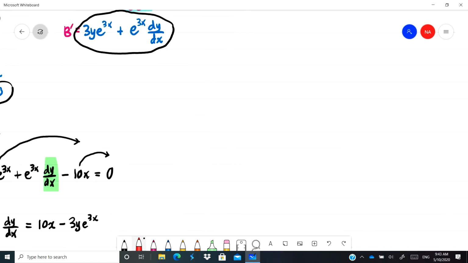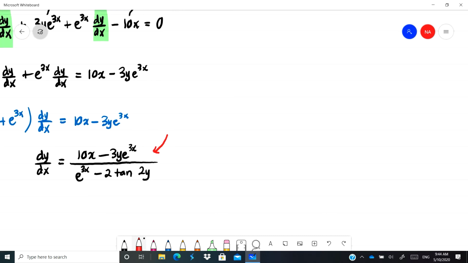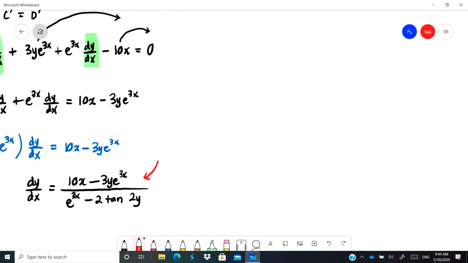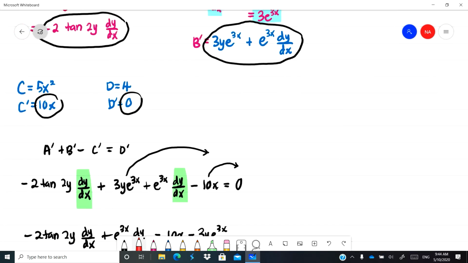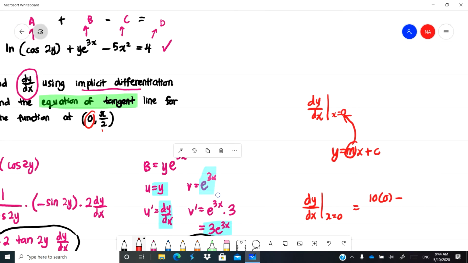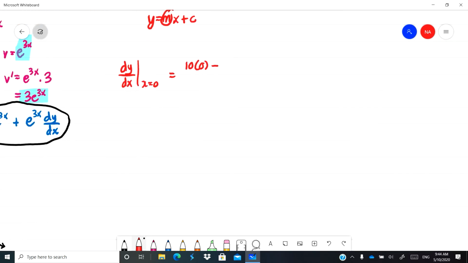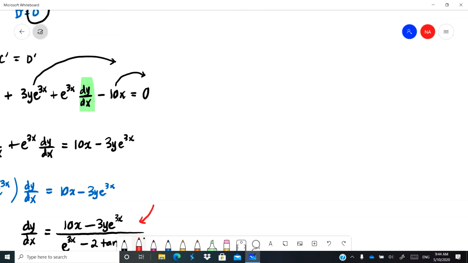So I'm going to substitute the value of x with 0 into this function. I'll get 10 multiplied by 0 minus 3y e to the power of 0. y is actually given by pi over 2, so 3 pi over 2 multiplied by e to the power of 0.